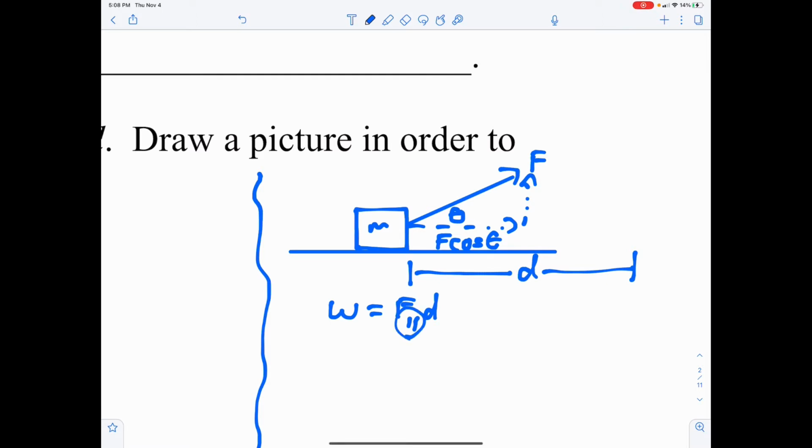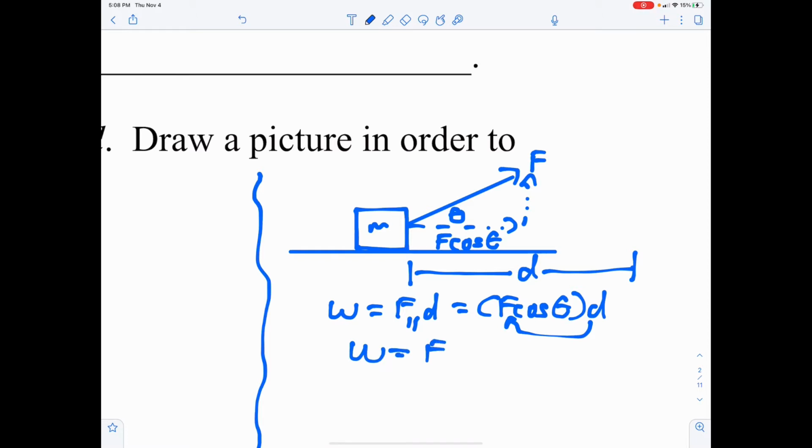That stands for parallel component. Well, there's the parallel component to displacement right there. So F cosine theta times distance. Now, if you just reshuffle everything and move the distance out in front, we get work is equal to force times distance times the cosine of the angle.